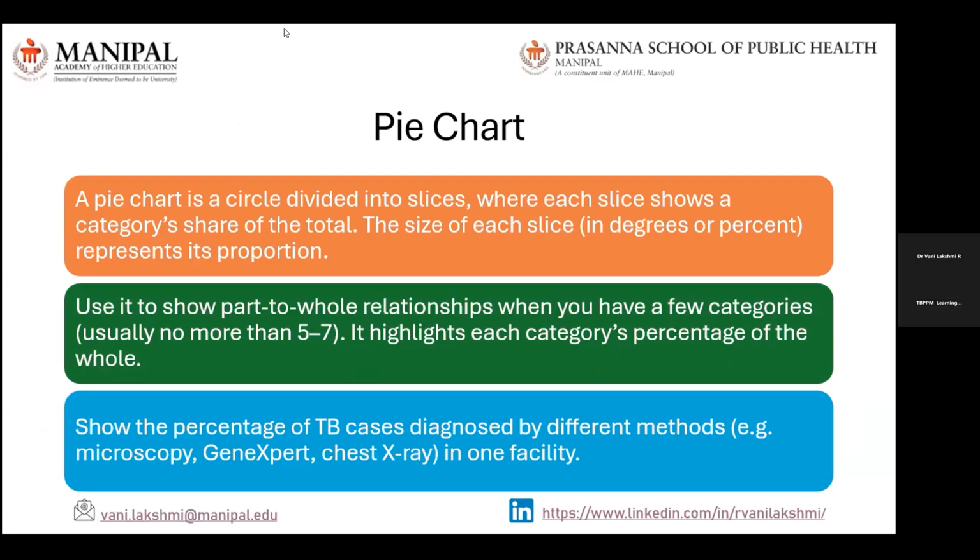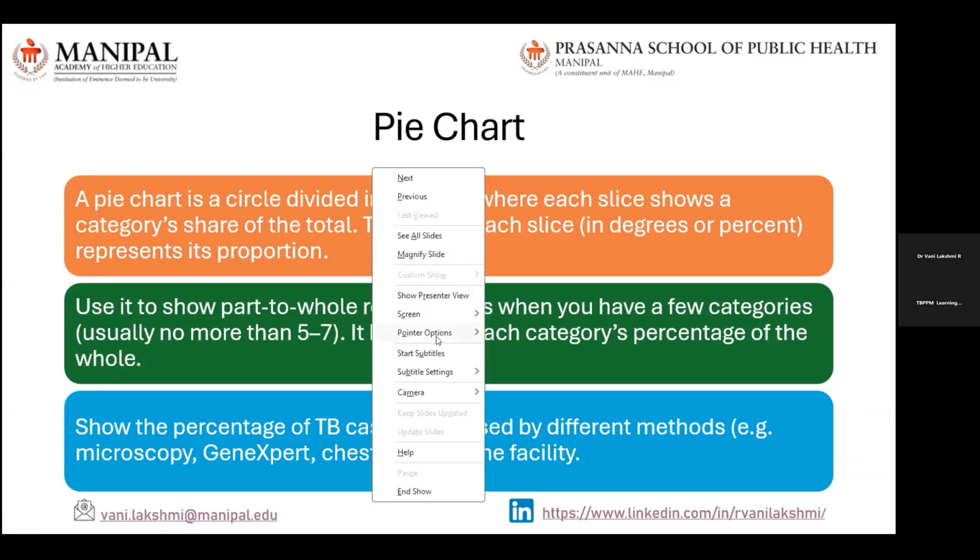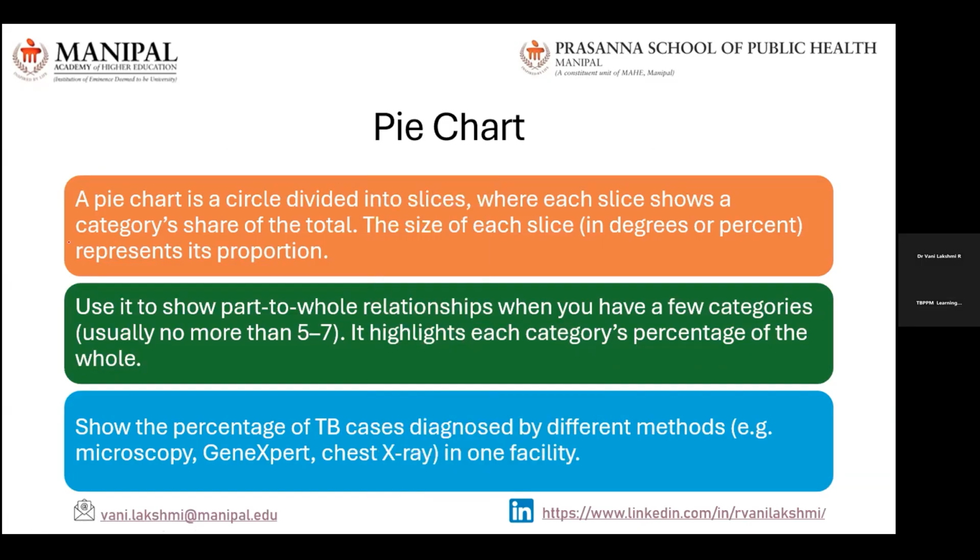A pie chart is actually used to represent a category's share of the total. That is where you use a pie chart. What percent of the total is females? What percent of the total is males? What percent of the total is highly salaried people or urban class?